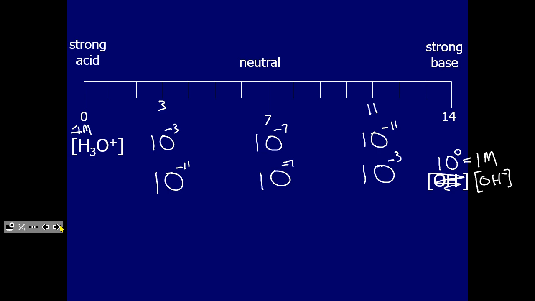When an acid is added to the game, it's like it's making the game unfair, and it's adding a whole bunch of H3O pluses. As soon as the H3O plus team goes up, what happens to the hydroxide team?